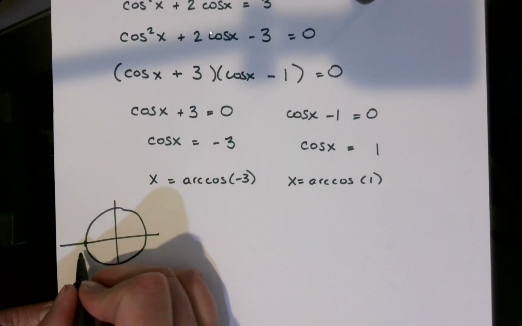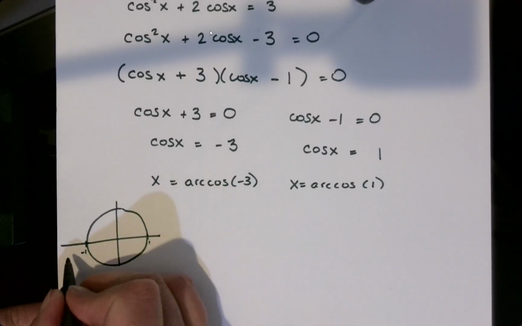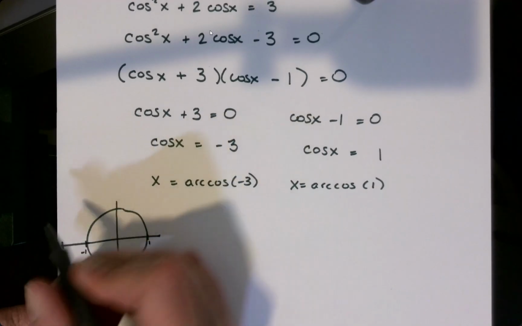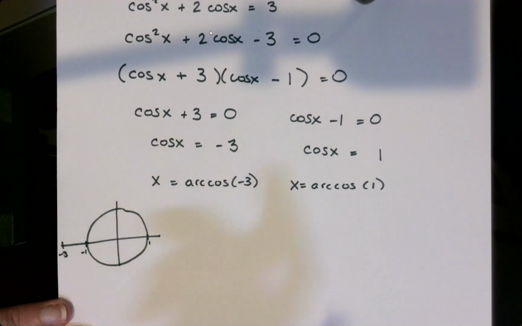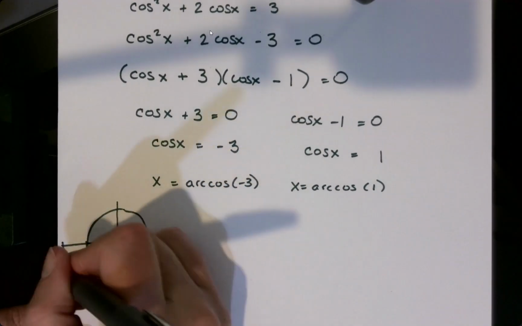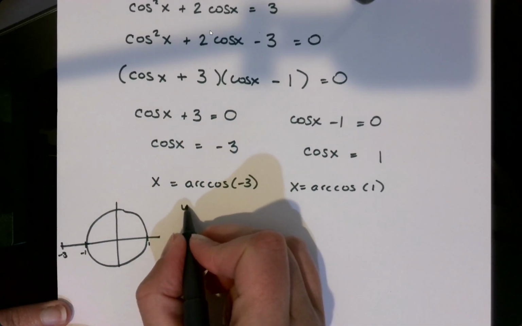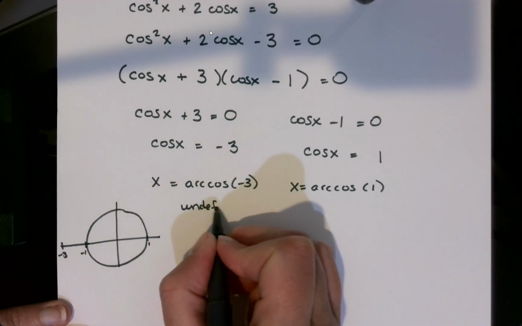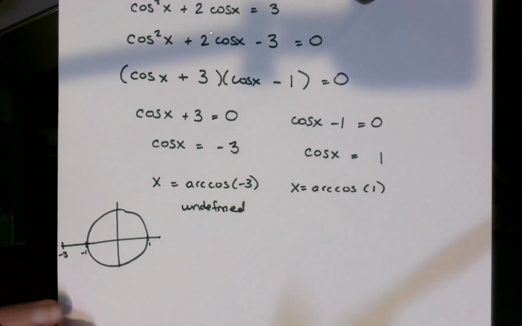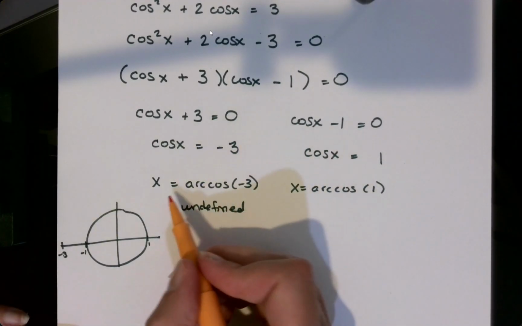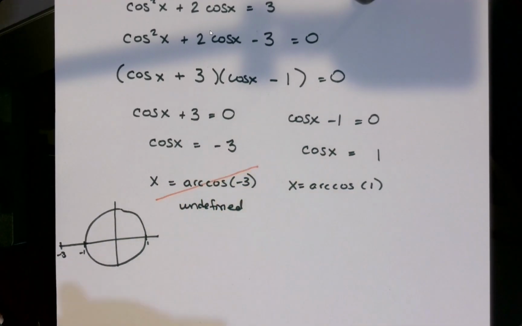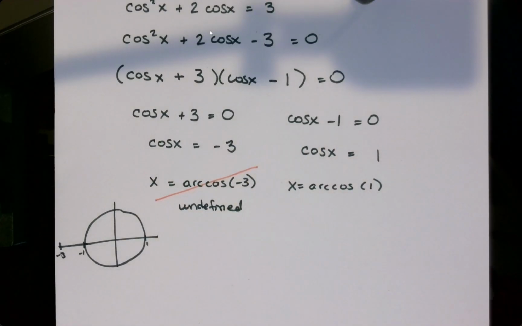In a unit circle, we know that this goes from negative 1 to 1. So negative 3, off my page probably here, isn't going to fit on this circle. So this one is going to be undefined, which means it's not possible for x to equal the arc cosine of negative 3. We don't get a solution from that side.